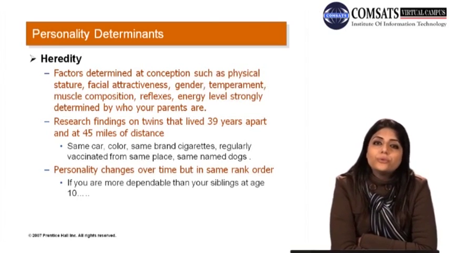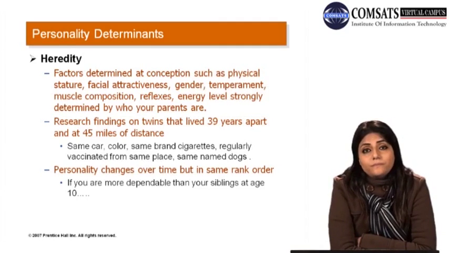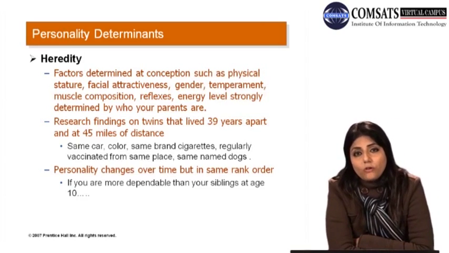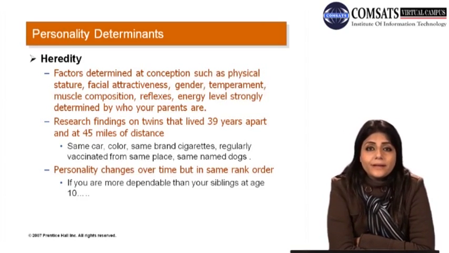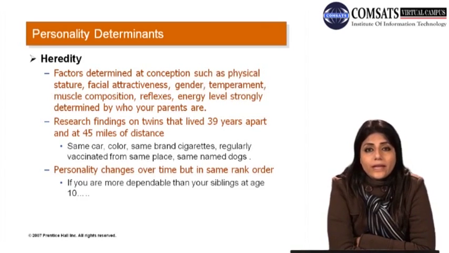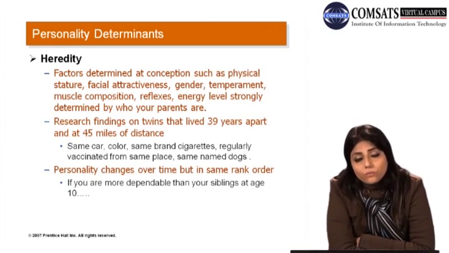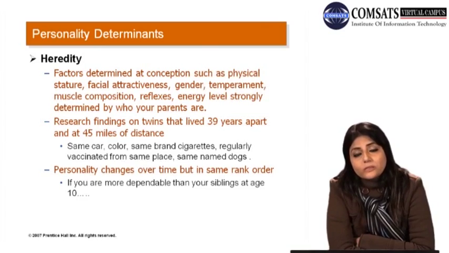Here I have an example for you. If an individual is more responsible at the age of 5 than his sibling, he is expected to be more responsible at the age of 20 as well than his sibling, although his sibling will become more and more responsible as he grows, right?